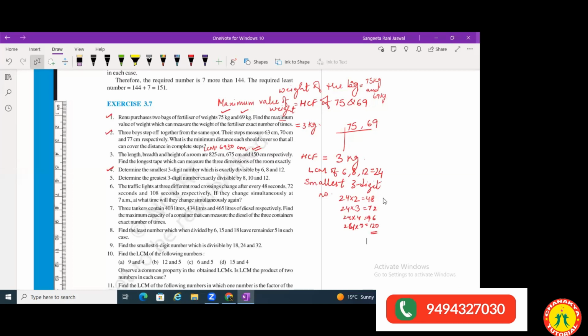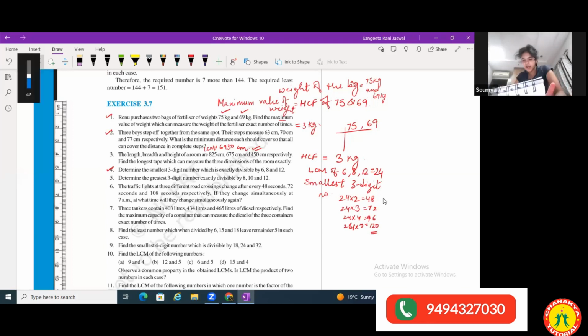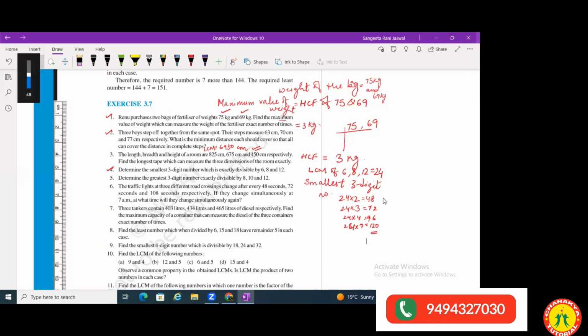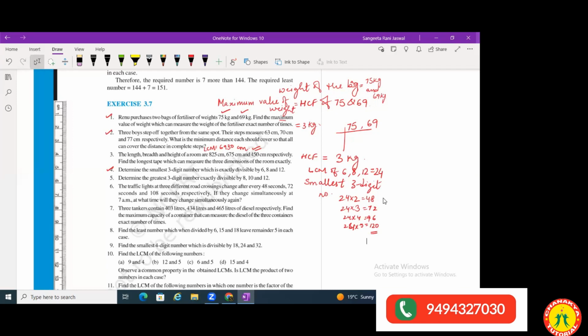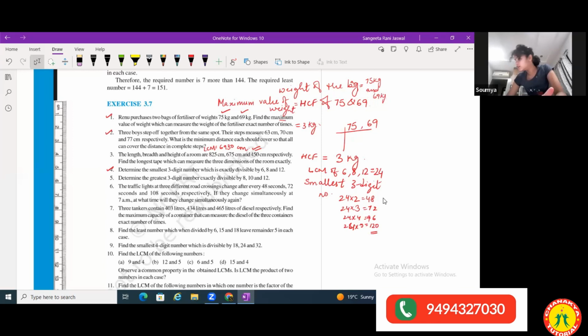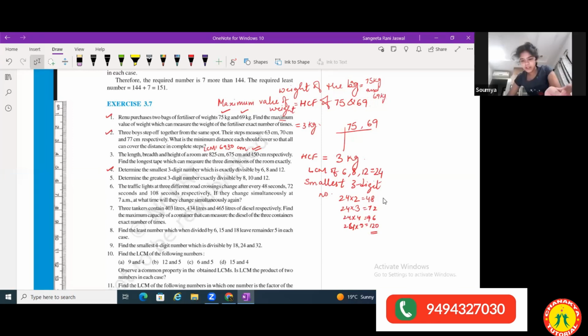Okay, after finding the LCM, what have you done? After finding the smallest three-digit number, which is 100, to find the number, we have to divide 100 by 24. You have done 100 divided by 24. Yes, ma'am, because the LCM of 6, 8, and 12 is 24.